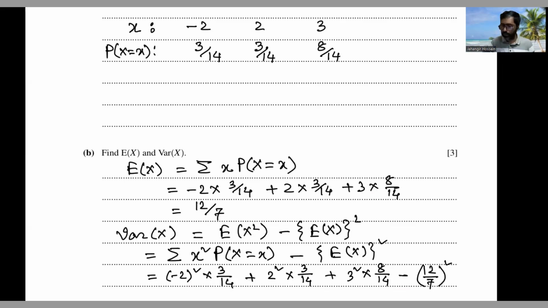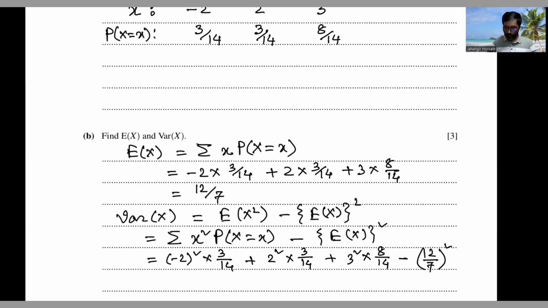E(X) is 12 by 7, which is the mean as well. So this will give the variance for X.